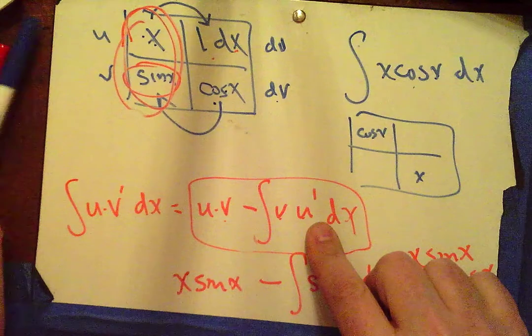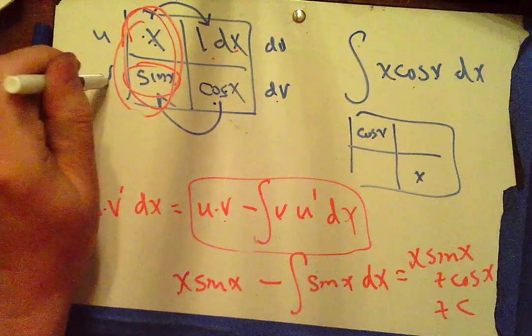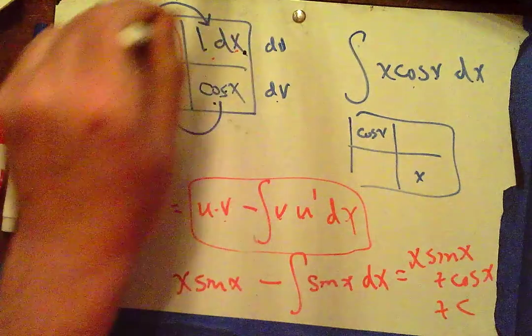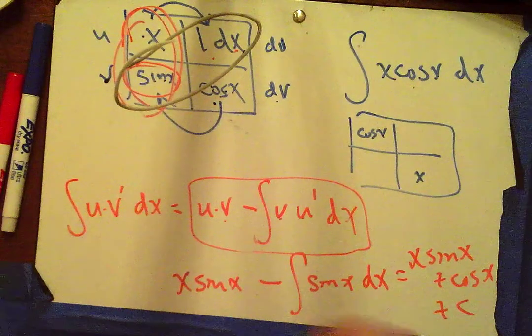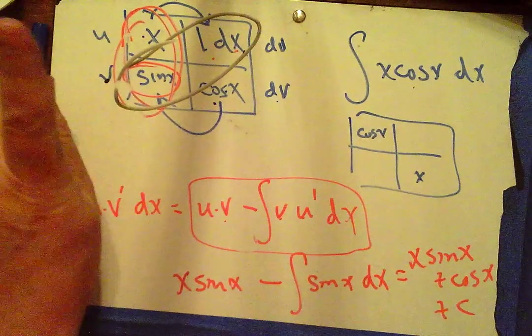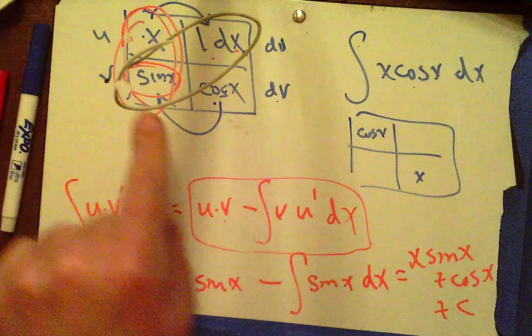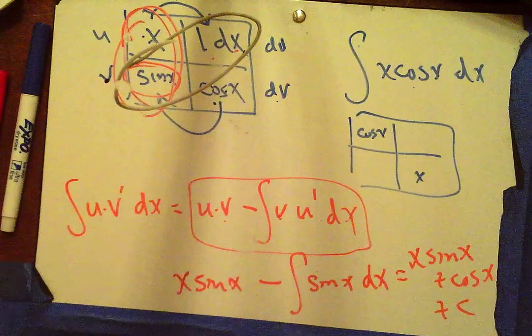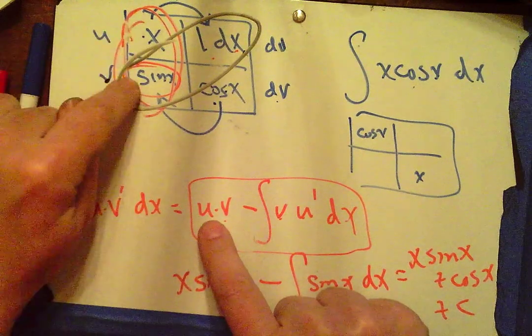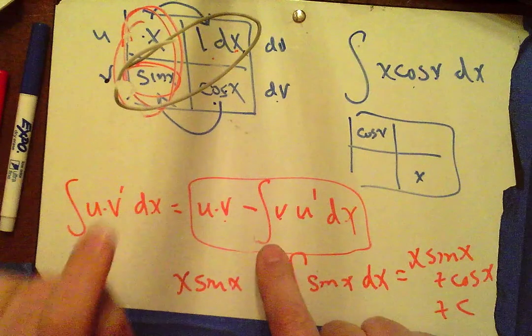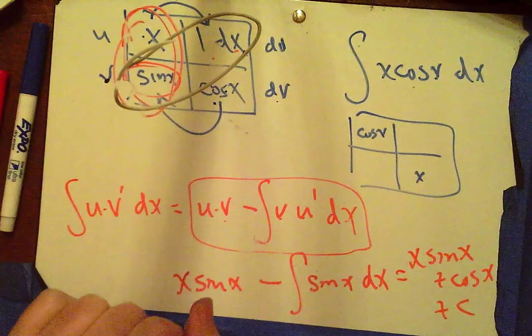What do I know about v times u prime? V u prime. So, this times this minus the integral of this times this. Again, this times this minus the integral of this times this.